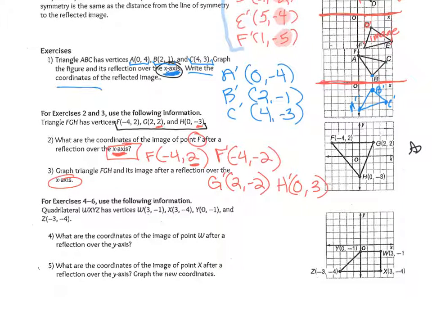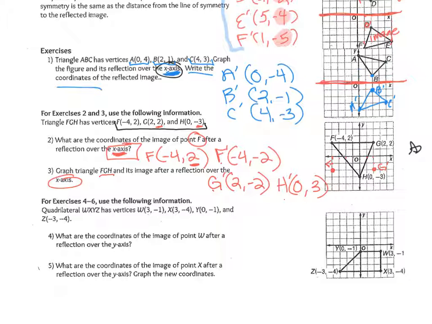Okay, so if we want to plot this new triangle and these 3 points. F prime is at -4, then 1, 2, 3, 4 down, so (-4, -2). G prime is at (2, -2).